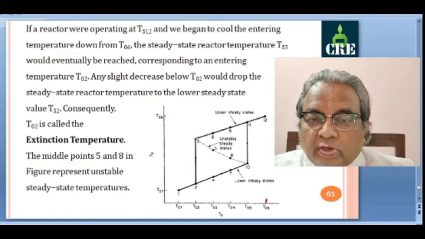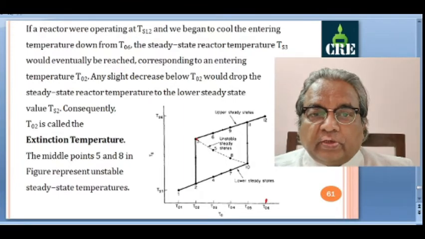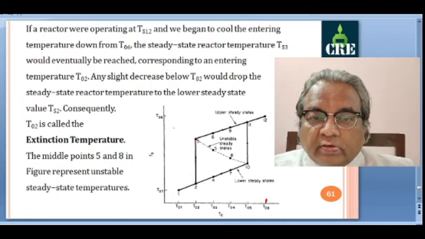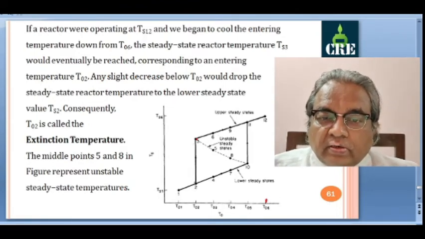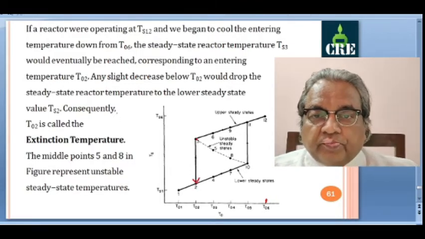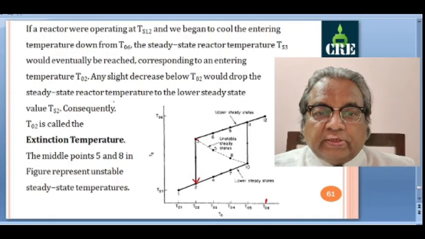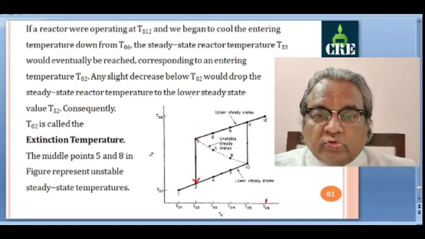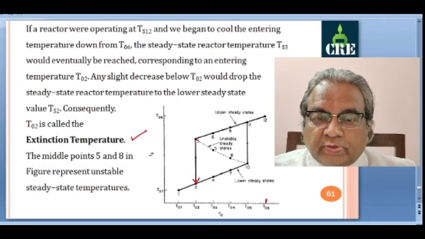Once you reach this T02 value, the steady state temperature TS3 would eventually be reached, corresponding to an entering temperature T02. Any slight decrease below this temperature will immediately bring it down to the lower steady state. Any slight decrease in T02 would drop the steady state reacting temperature to the lower steady state value of TS2, and it is called the extinction temperature.